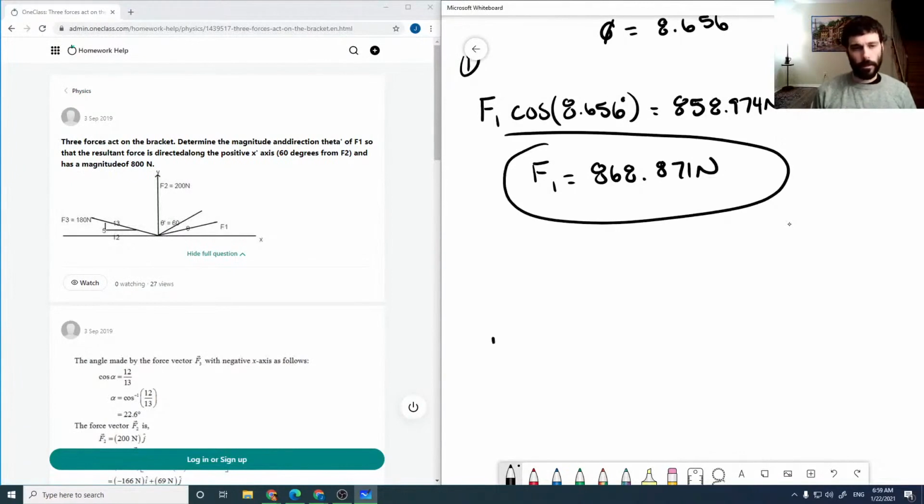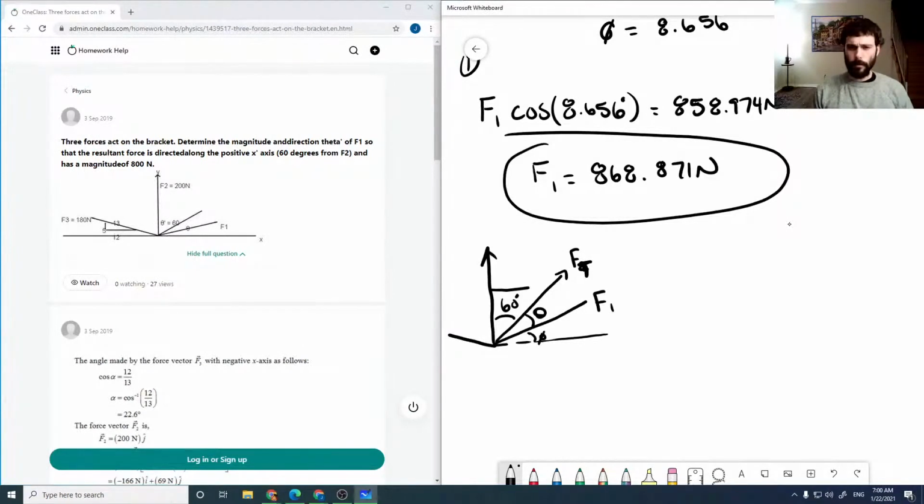If we look at the figure though, there's my 60 degrees. It wanted this theta, between the F total and F3. And so we just calculated this angle.